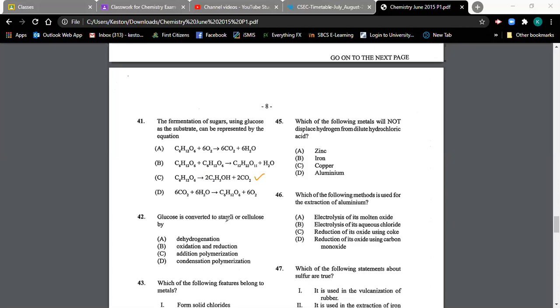42. Glucose is converted to starch or cellulose by. Glucose is a simple molecule or monomer unit, as my hint. Only one type of monomer unit undergoes addition polymerization.